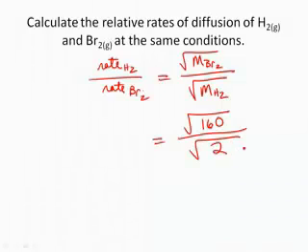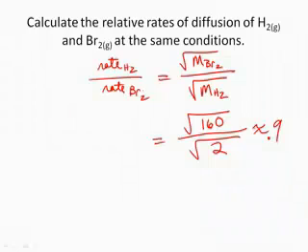And so that gives us the square root of 160 divided by the square root of 2. That gives us about, let me see, about 9. So what this would mean is that hydrogen would diffuse approximately 9 times faster than the bromine would diffuse.